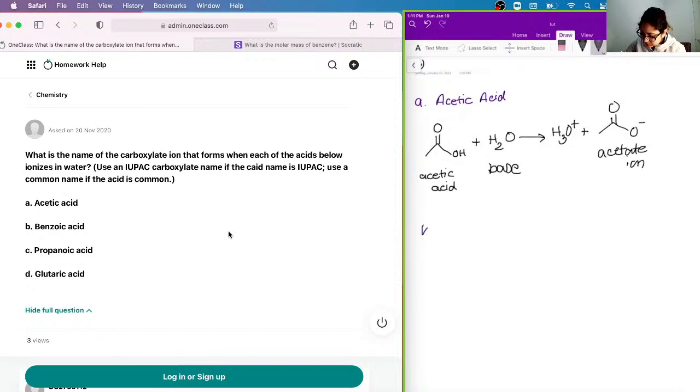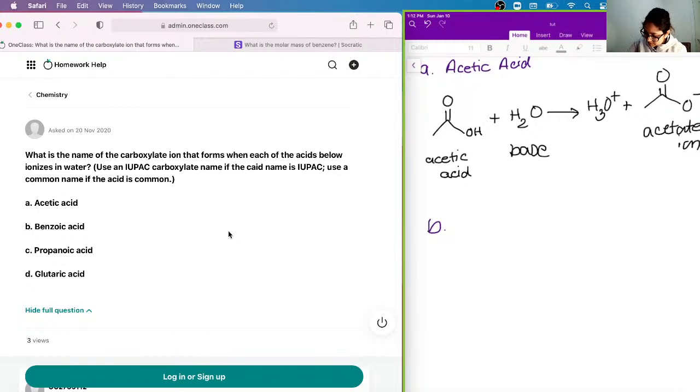The next acid which we have is benzoic acid. So we can draw this.